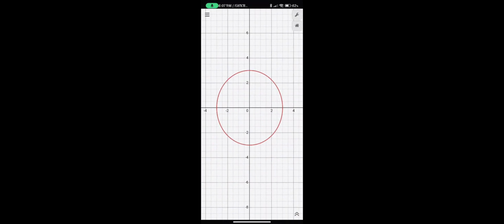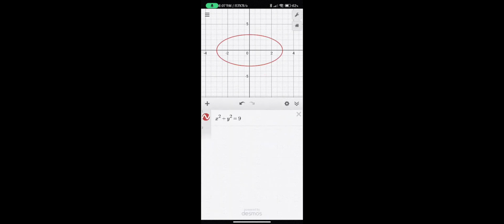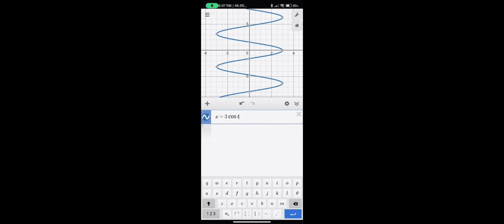So this is one method. If I have x and y coordinates, I can write it. What if I want to write it in terms of this parameter? So x is equal to, I can write like this, 3 cos t. Okay, so I will write it like this.